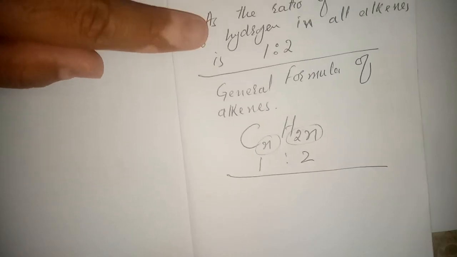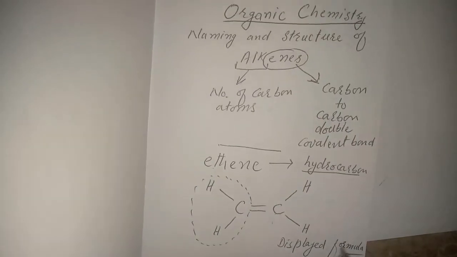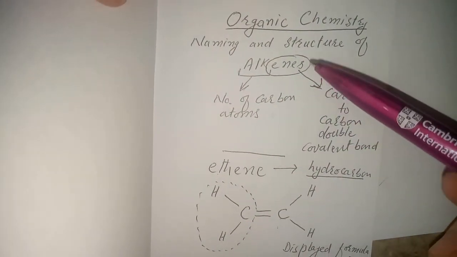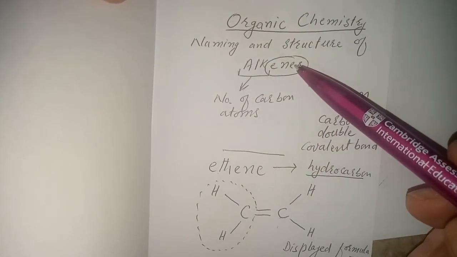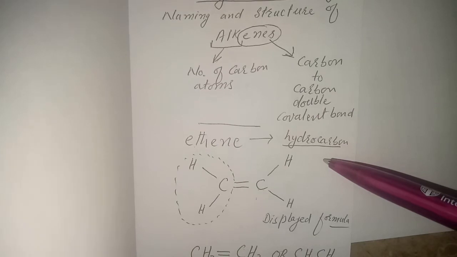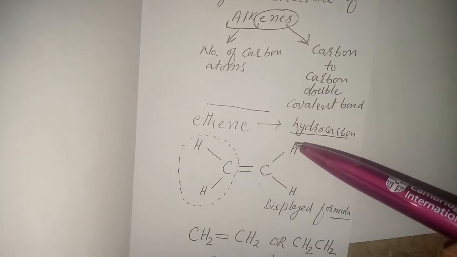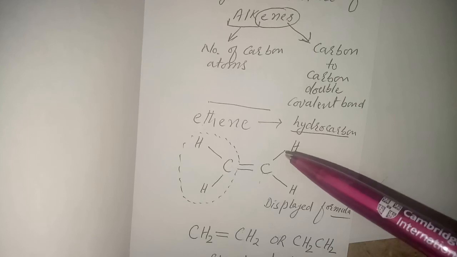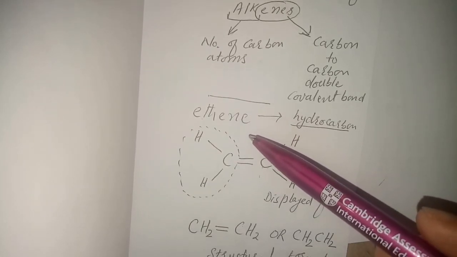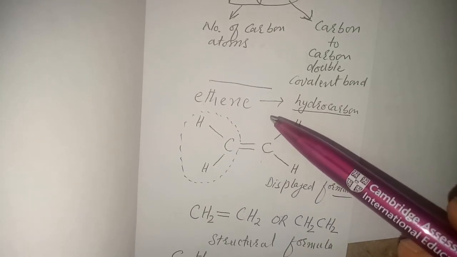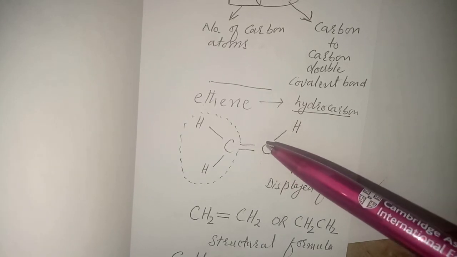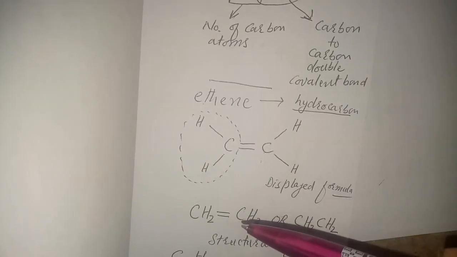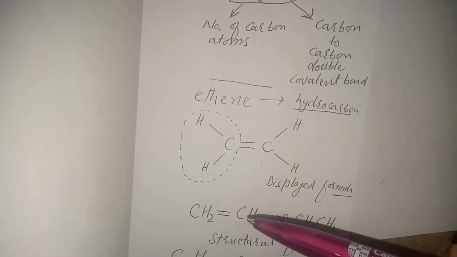I will quickly recap what we learned in this video. We started learning about the alkenes, in which we discussed that alk means the number of carbon atoms and ene stands for a carbon to carbon double covalent bond. And then I advise all of you to start with the ene if you confirm that the given molecule belongs to the alkene homologous series.